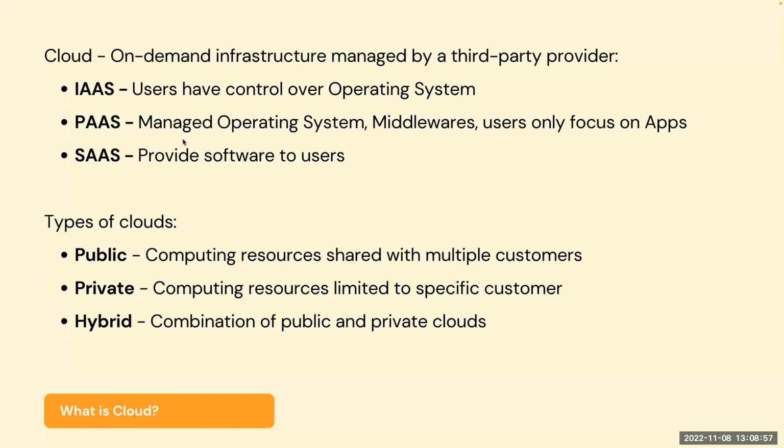For public, examples are AWS, GCP, and Azure. These are all public cloud providers. Private is usually on-prem. If you have your own data center, you call it private. And hybrid is if you have a mix of private and public cloud or data center.